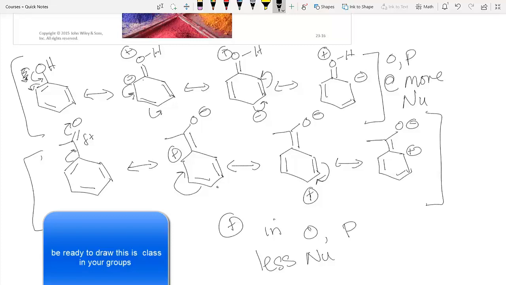So in terms of directing effects, my electron donating group makes the ortho and para positions more nucleophilic, and my electron withdrawing groups make the ortho and para positions less nucleophilic, and therefore we see the directing effects of electron donating groups going to ortho para, and electron withdrawing groups facilitating things not going into the ortho and the para position.